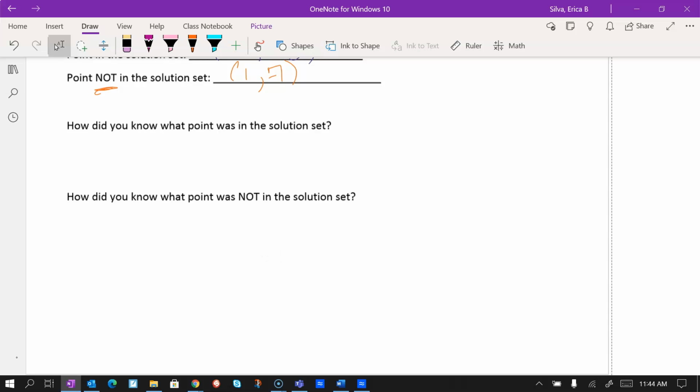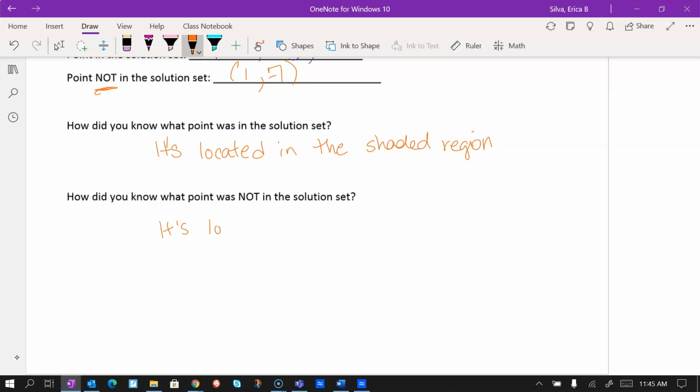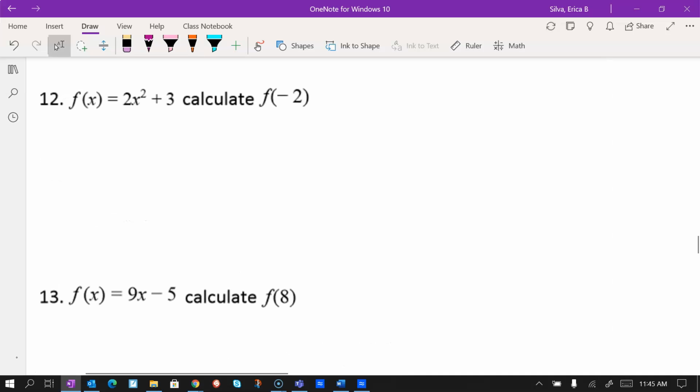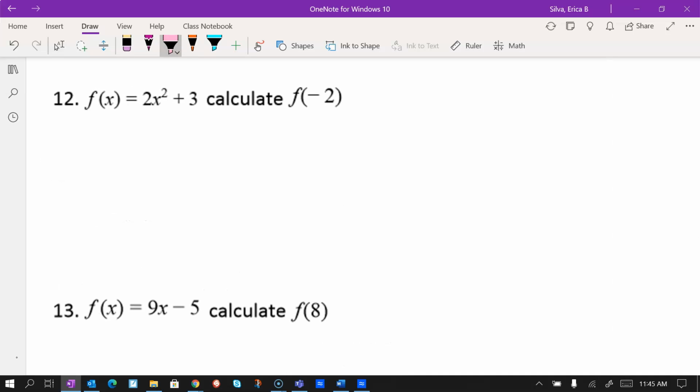Because it was located in the shaded region. How do we know that point 1, -7 is not a solution? Because it's located in the non-shaded region.